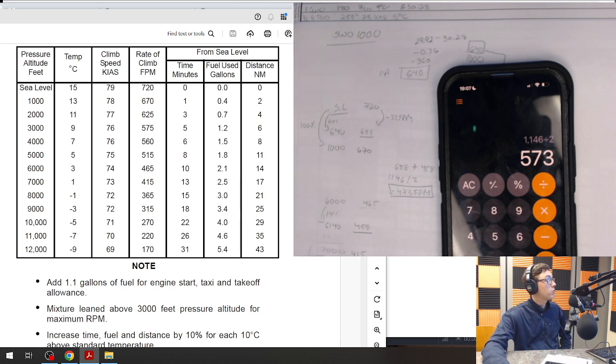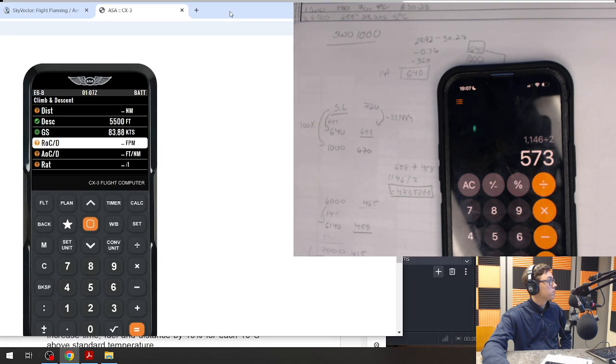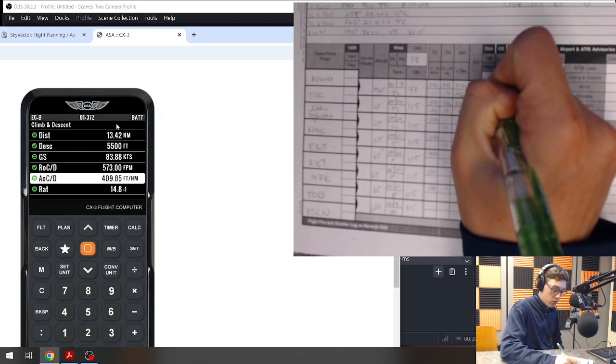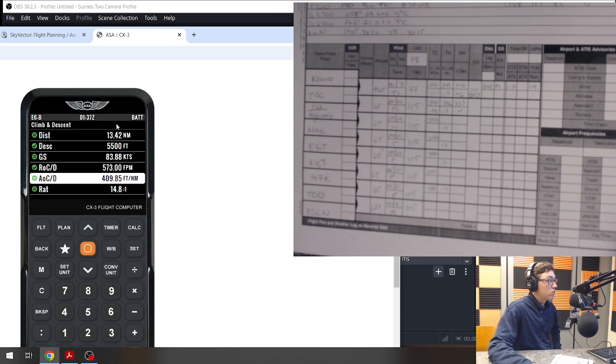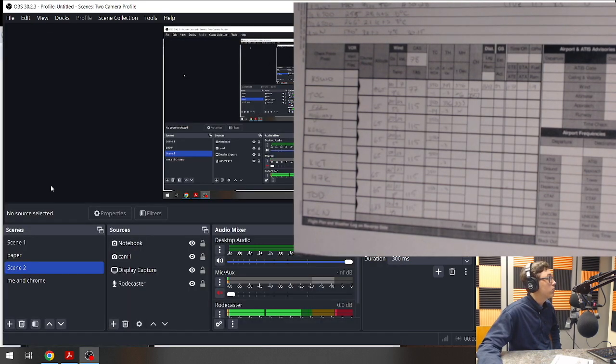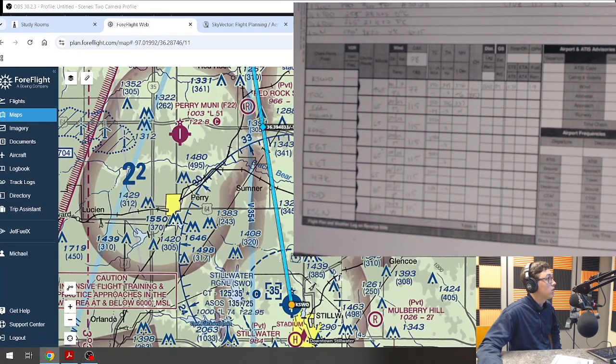Now, what do I do with that information that I just got? What I'm going to do is go to my calculator on ASA. 13.42 nautical miles. We'll just use that for now. Okay, beautiful. Now, what is our total leg distance that we're going to be flying?